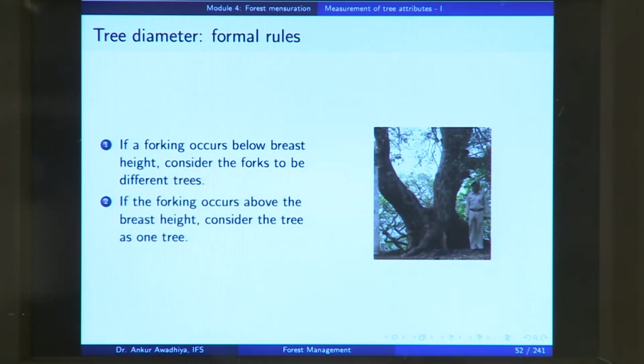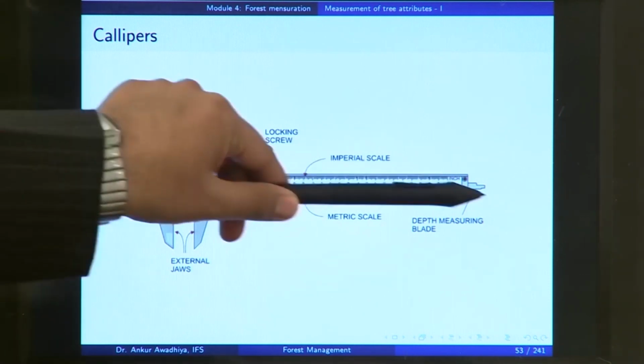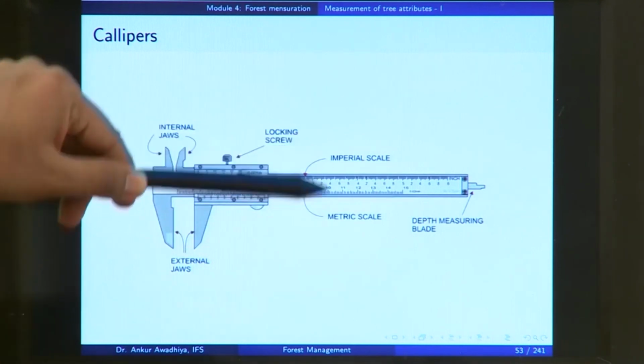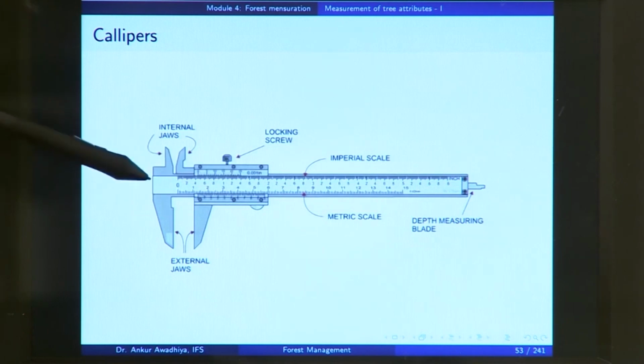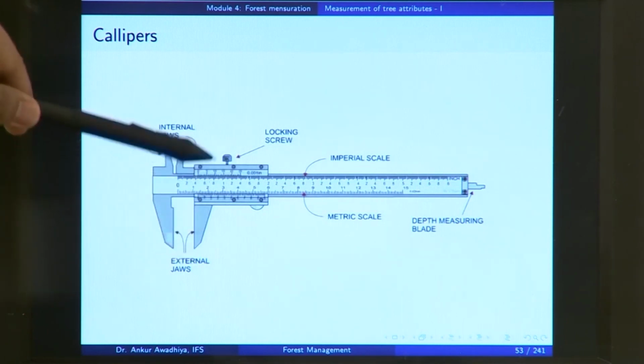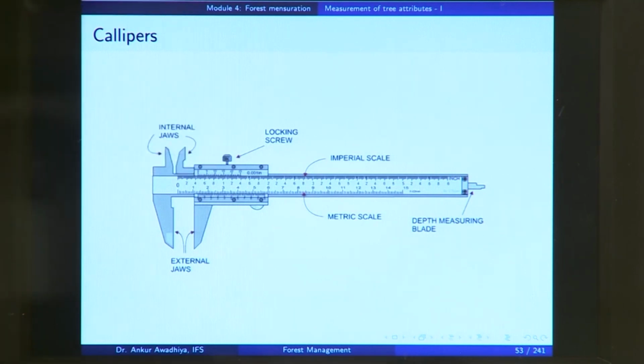So, with all these rules, how do you take the measurements? One instrument to take the measurements is the calipers. Now, in the case of calipers, you have a scale, it may be an imperial scale or a metric scale, and then you have these jaws. One is a fixed jaw, one is a movable jaw, and this jaw may be locked with a locking screw.